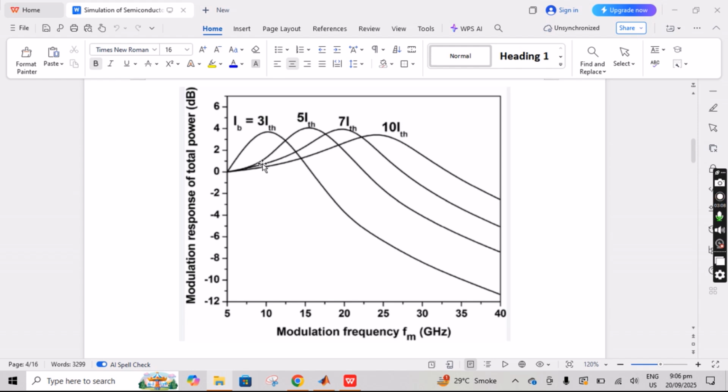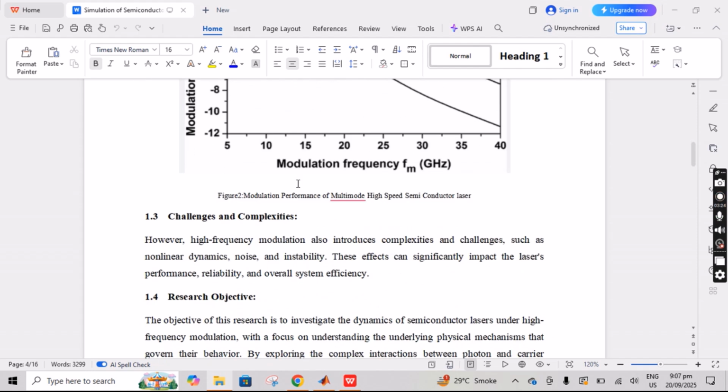They perform according to the levels of frequency, and they perform according to the power in dB.